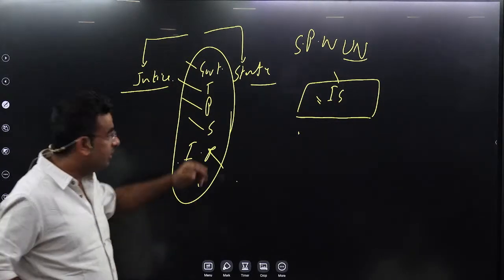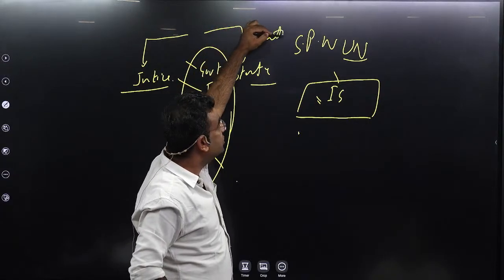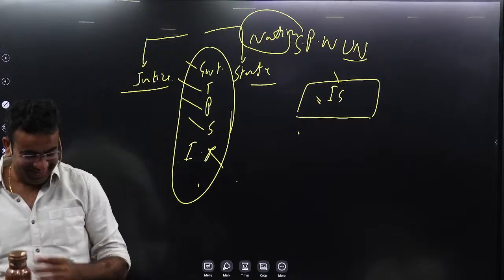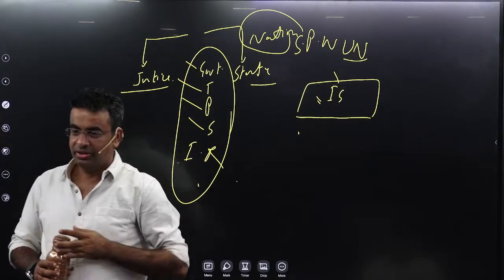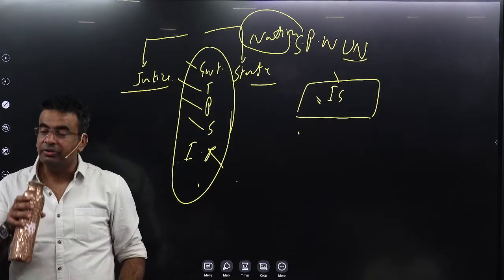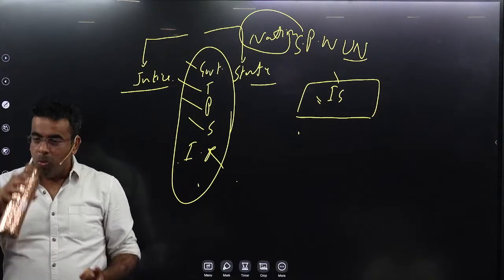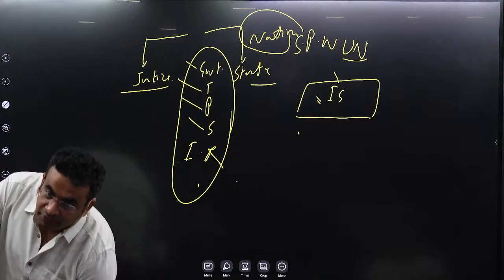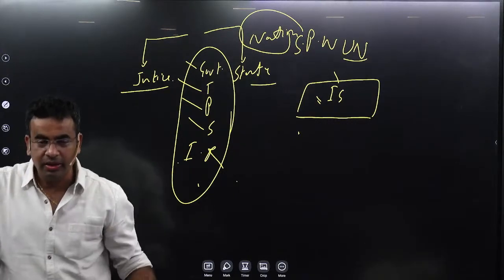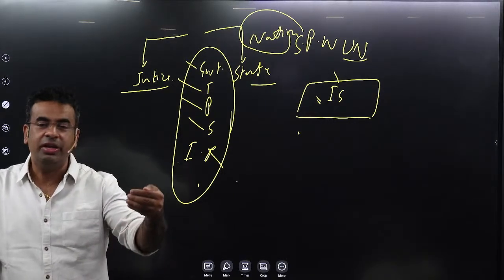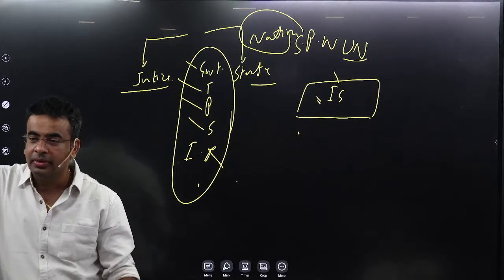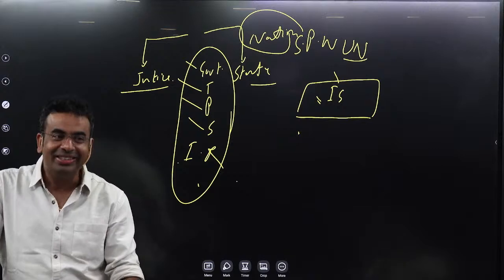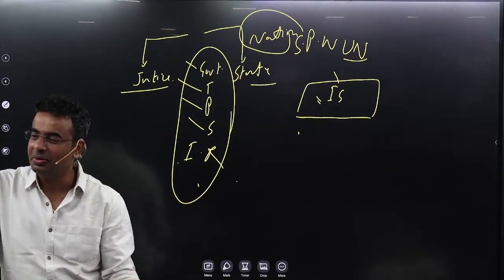Now India is a state. Is India a nation? Are we a nation? How many nations do we have in the world? Same as states. We have as many nations as we have states in the world. Define nation. What is nation?